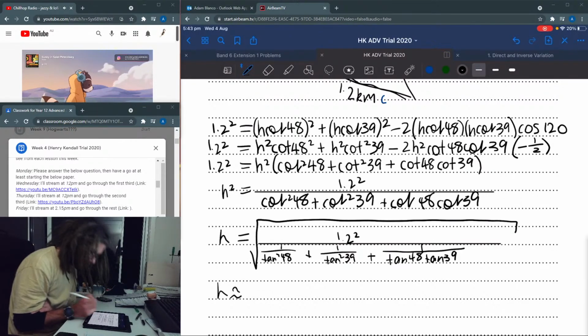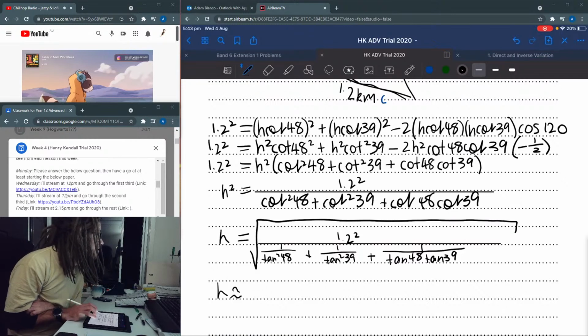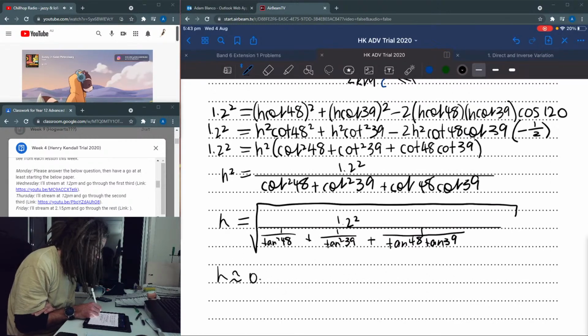And when you eventually type all that in, you get around about 0.646. Now that's in kilometers.